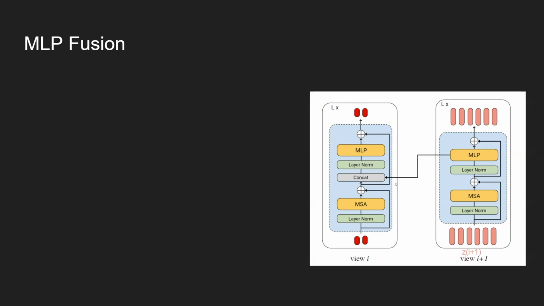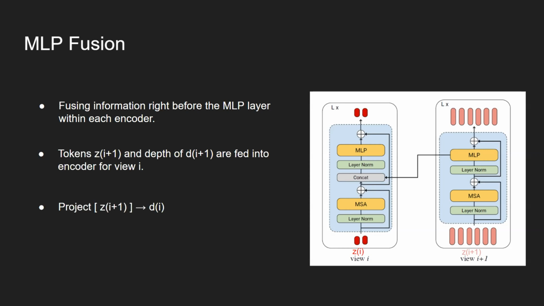While doing that, again, we have to take care of the dimensionality and project that Zi+1 to a depth of Di, then concatenate them together and apply the MLP layer on that. So that's how the information is being exchanged in MLP Fusion.